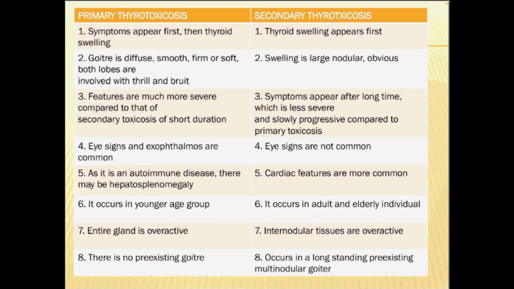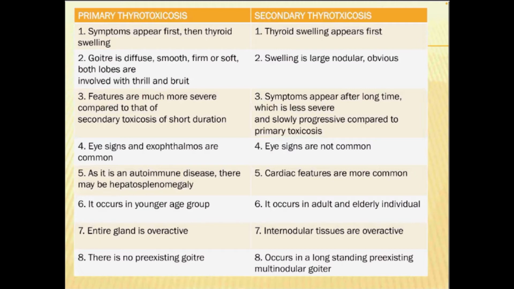So this is also an important question: the difference between primary thyrotoxicosis and secondary thyrotoxicosis. In primary thyrotoxicosis, the symptoms of hyperthyroidism occur first, like eye signs, palpitation, weight loss and excessive hunger, followed by thyroid swelling, while in secondary thyrotoxicosis, swelling occurs first, followed by symptoms.